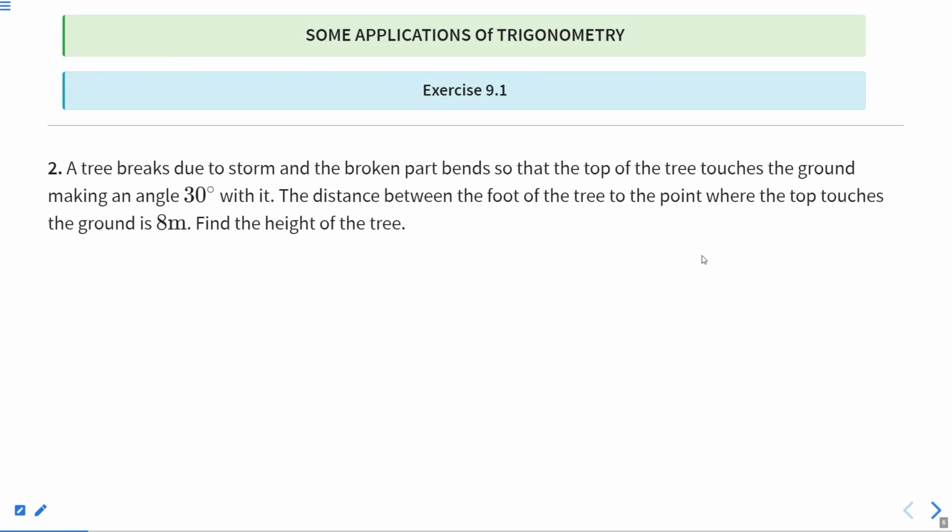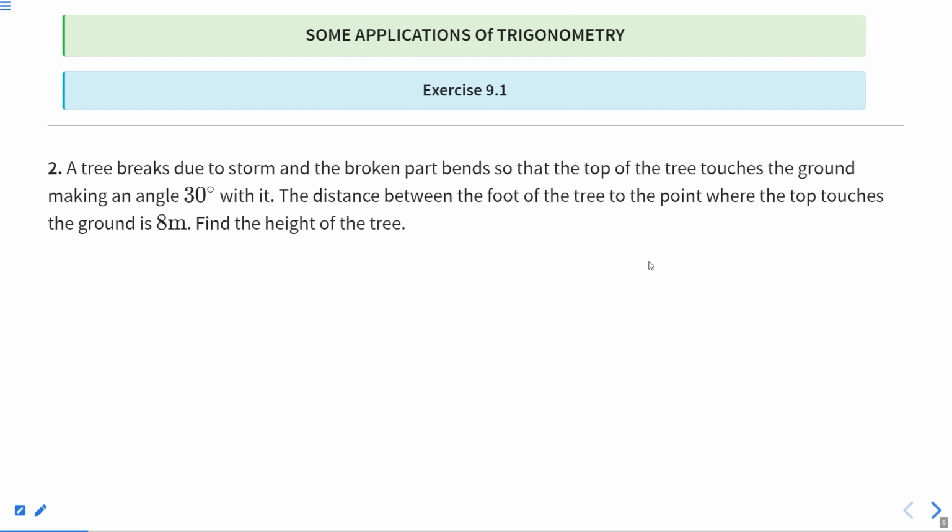In the next question, a tree breaks due to a storm and the broken part bends so that the top of the tree touches the ground, making an angle of 30 degrees with it, and the distance between the foot of the tree and the point where the top touches the ground is 8 meters. Find the height of the tree.